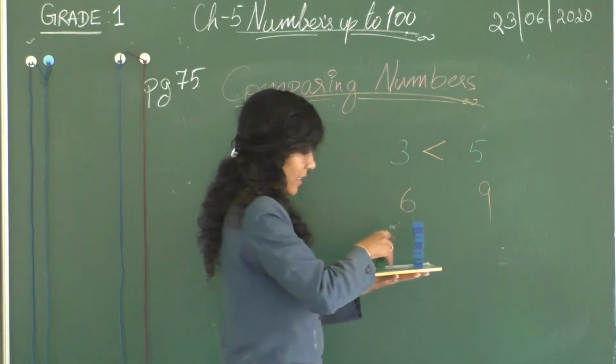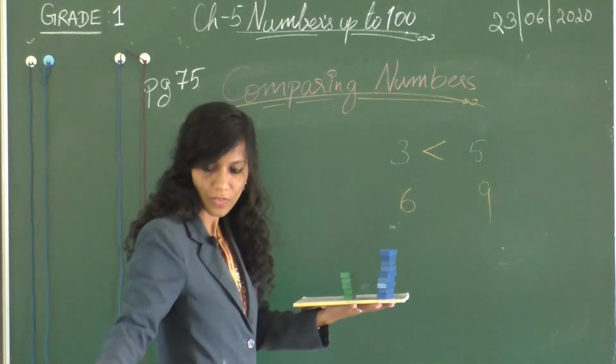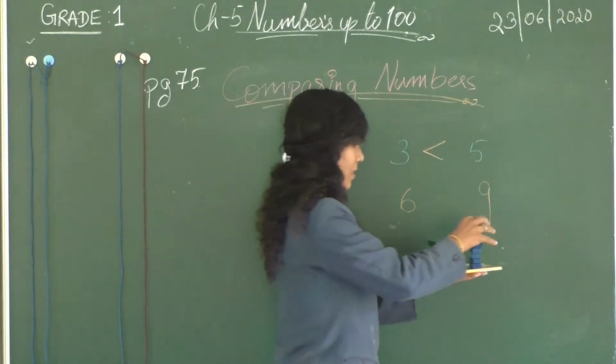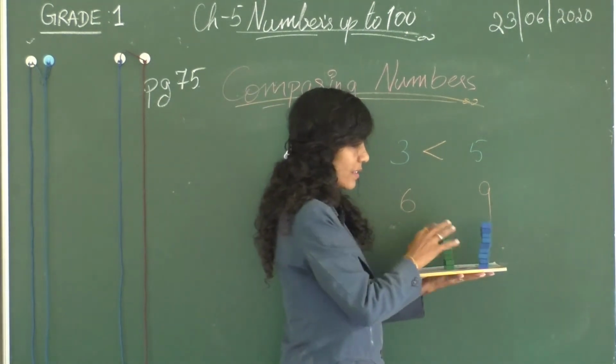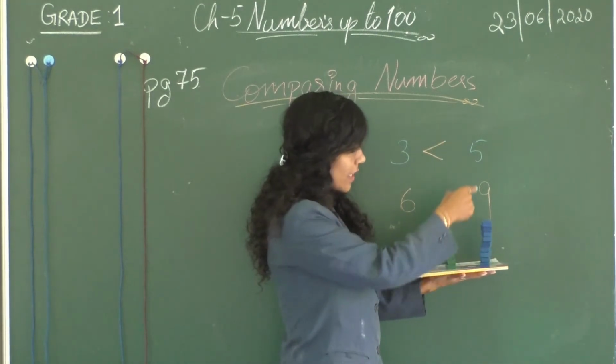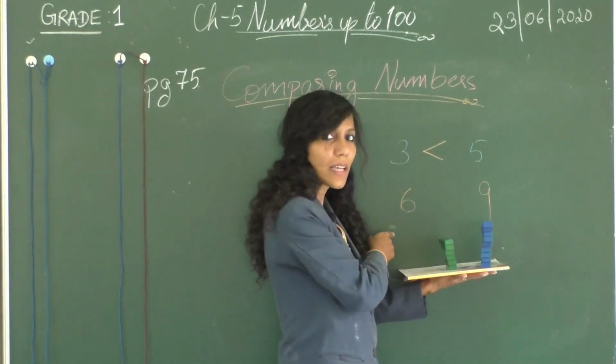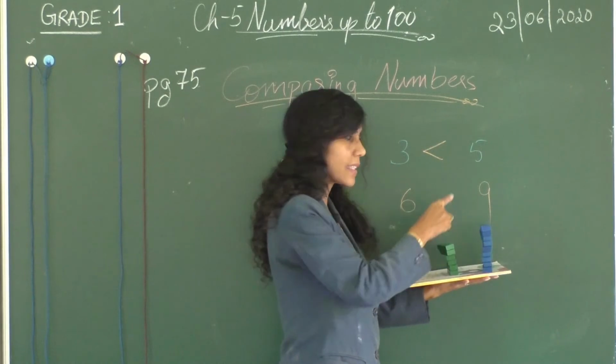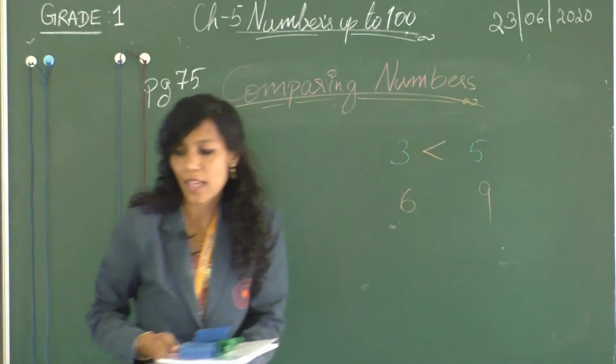Nine and there we have 6. You see the height, 9 is more, 6 is less. So 6 is lesser than 9.